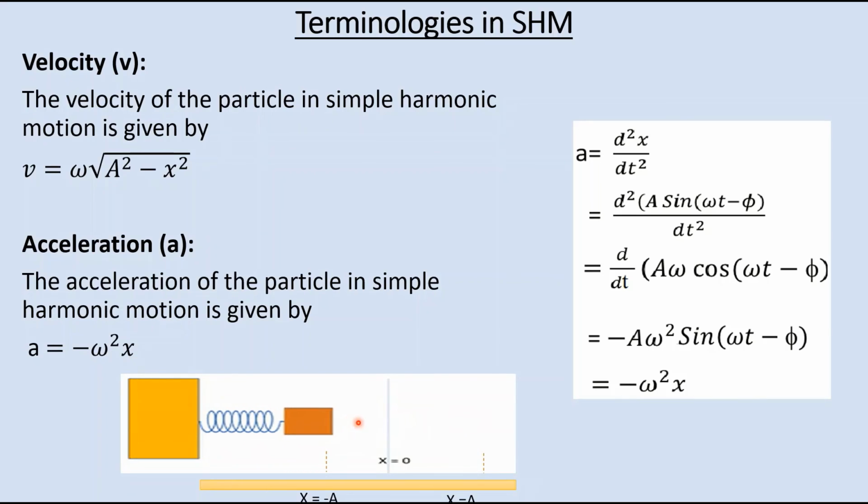So when x is equal to 0, the acceleration will be 0 and velocity will be maximum, that is equal to omega A. At the extreme position, the acceleration will be maximum, that is omega squared A, but velocity will be equal to 0.